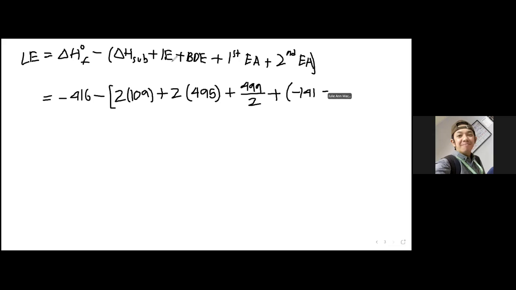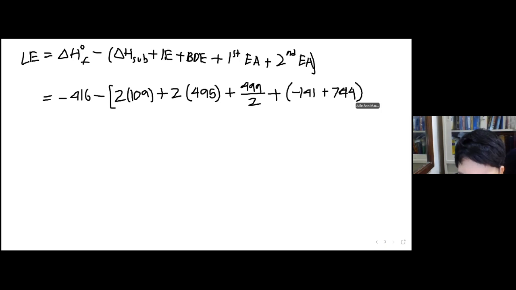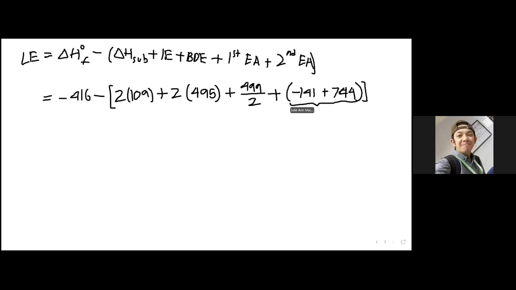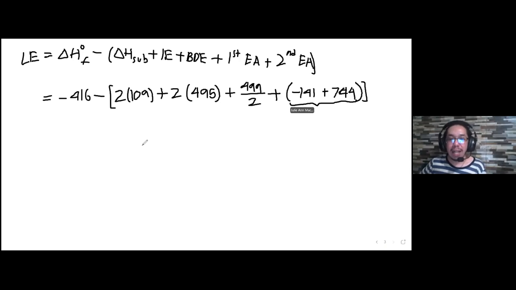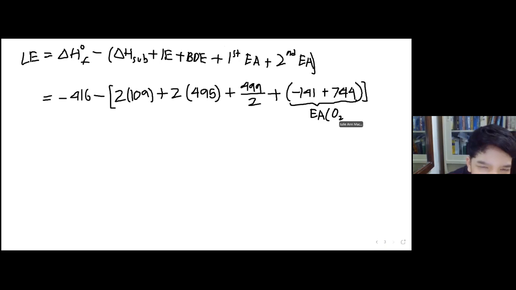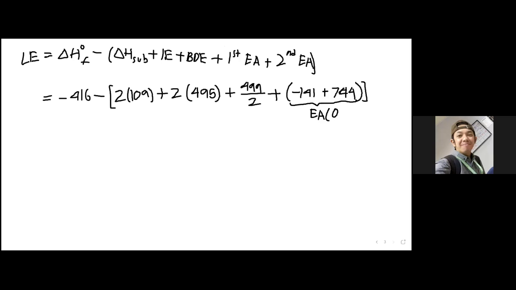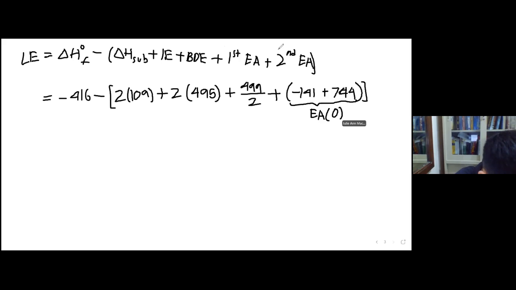Okay, good, you're doing good. So what is that again? That's the total EA for your oxygen atom, because what we want is your oxide, O2 negative. So what will be the total? Equals, wait, to calculate.